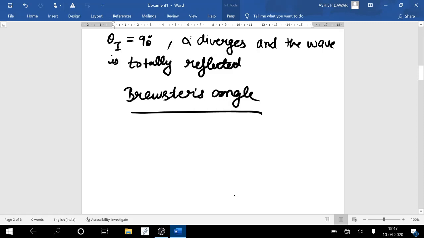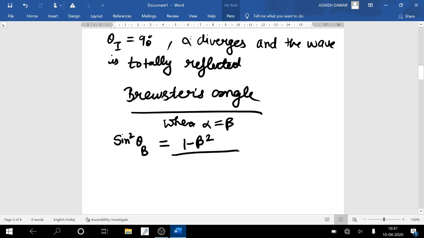According to our previous equations for E0t and E0r, this occurs only when alpha equals beta. In that case, sine square theta b equals (1 minus beta square) upon ((n1 upon n2) square minus beta square).